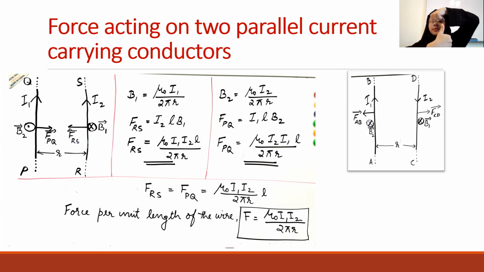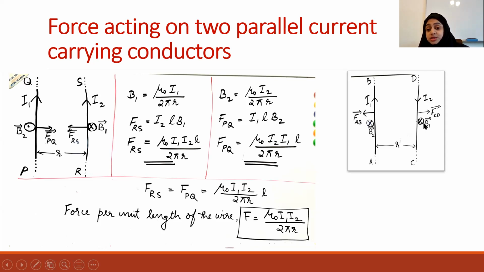So when I take a point to the right of AB, the magnetic field is going into the screen. So I have shown here the magnetic field B1 produced by this current I1 as into the screen.